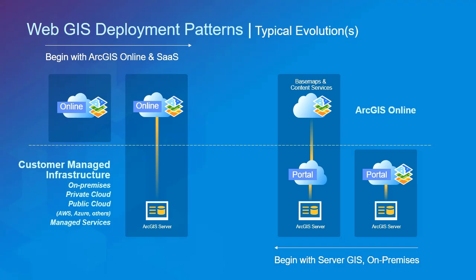So this is the ability to reach out, for example, for base maps. And I would venture a guess that quite a lot of you fall into that category. Even if you are running all of the software yourself, you're very likely taking advantage of base maps in one form or another, unless you are truly on the far right of the diagram where you can't go out to the open internet.